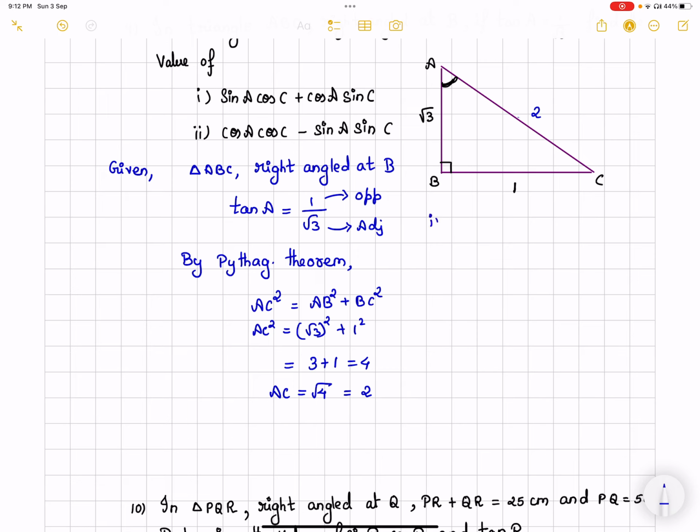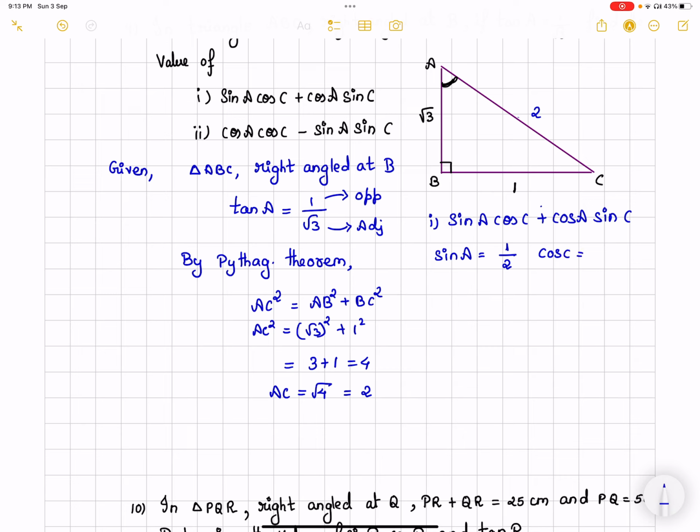Now let's go to the first subdivision. The first subdivision says sin A cos C plus cos A sin C. I need to find out the value of this. Now, we know what is sin A. Sin A is going to be opposite by hypotenuse. What is the opposite? 1. Hypotenuse is 2. Cos C value?